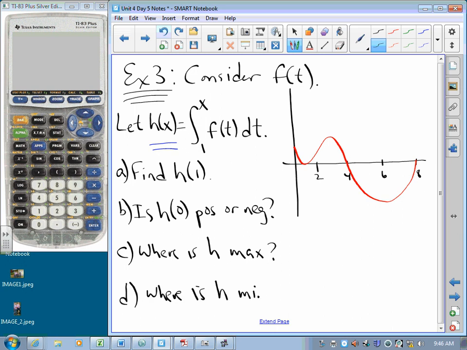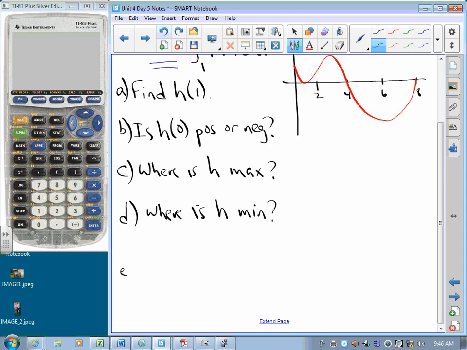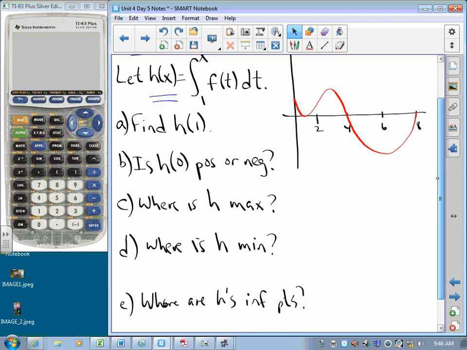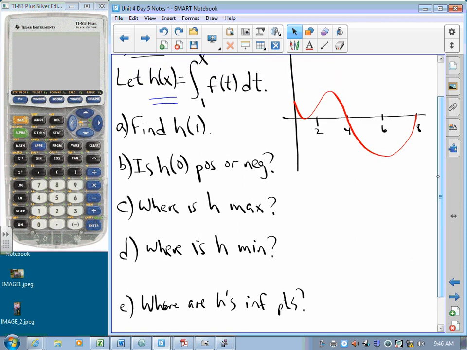Where is h minimum? And where are h's inflection points? Those are things I'd like to consider.